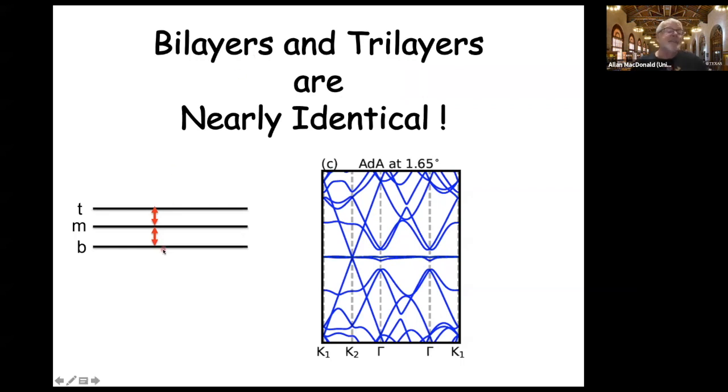They have the same symmetry as the ABA 2-DEG trilayers that I talked about at the beginning, because the hopping from the bottom to the middle layer, which has been twisted, is exactly the same as the hopping from the middle layer to the top layer.